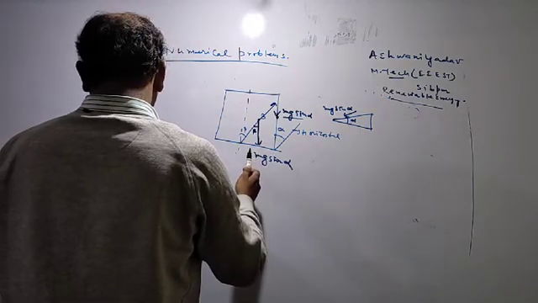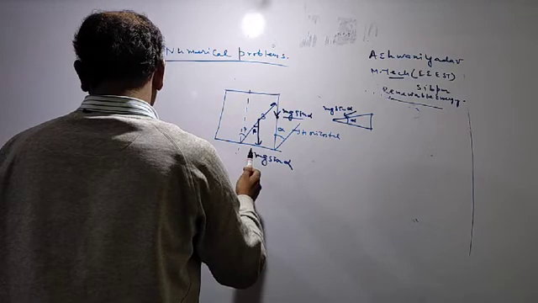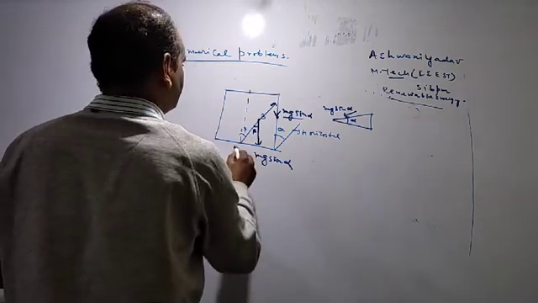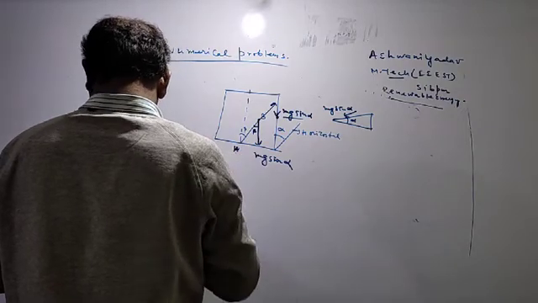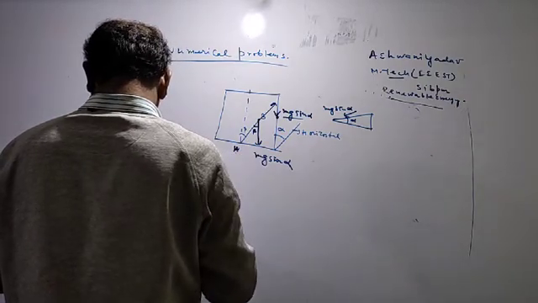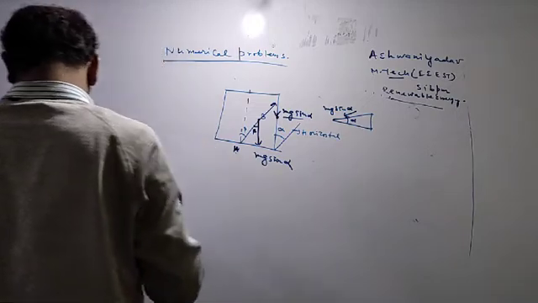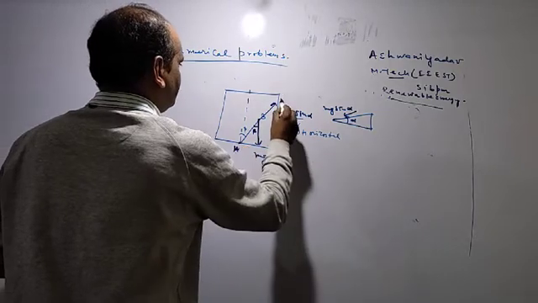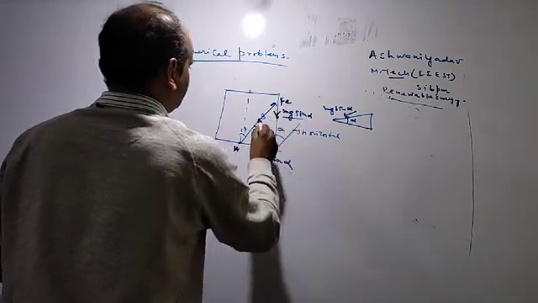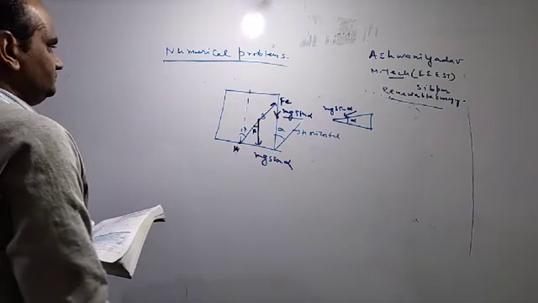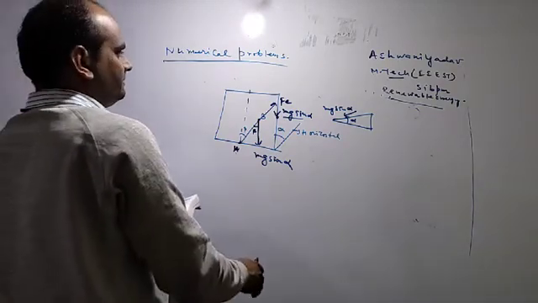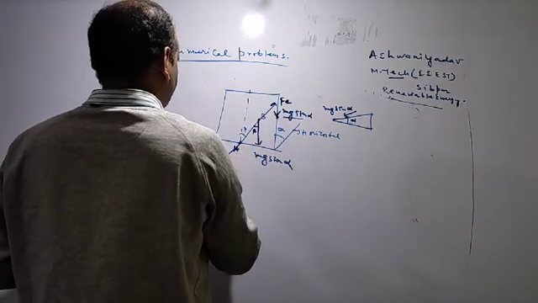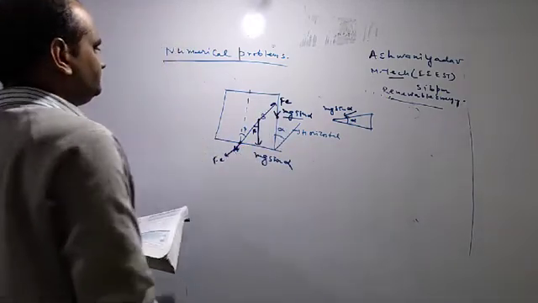I think this is point A and this is point B. And it will apply the electrostatic force because they must have a charge. Sorry, I haven't mentioned. They actually have a charge. So the electrostatic force will act as an action and reaction pair.